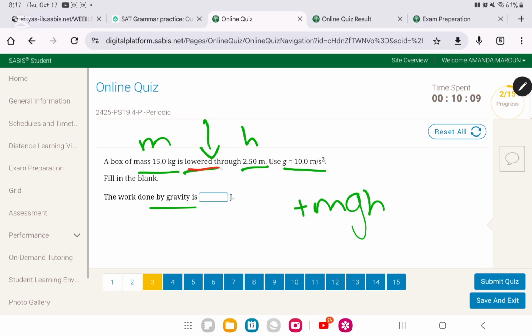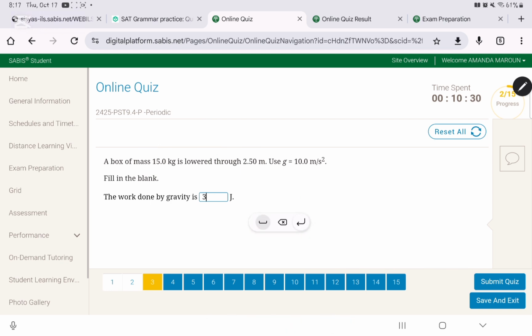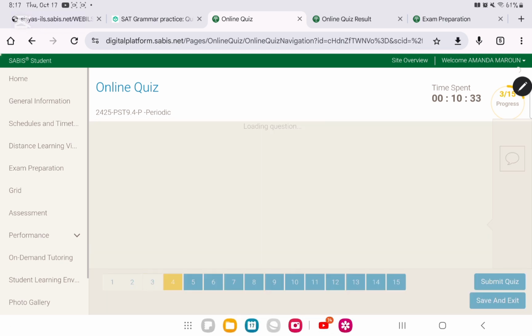So here it's going down, so it is plus mgh. The mass of the box is 15 kg multiplied by g, which is 10, multiplied by the height, which is 2.5. Do it on your calculator. You are going to get 375 joules. So for this one, the work done by gravity is 375 joules.